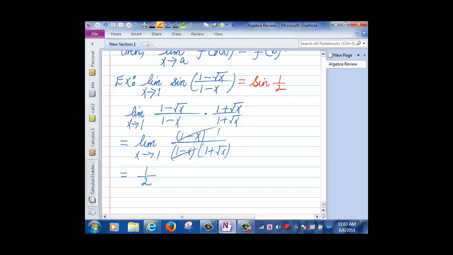Wait, so is there a hole for the fraction? Yeah, for the fraction, remember we are not saying whether this function is continuous at 1. All I'm doing is computing the limit at 1. Obviously this function is not continuous at 1 because it's undefined at 1.